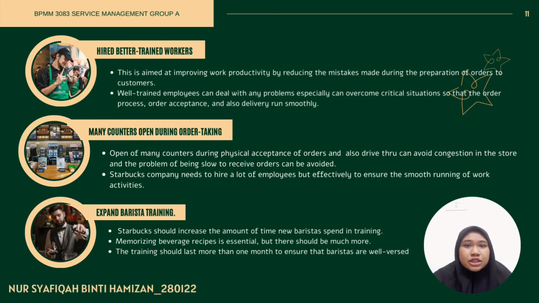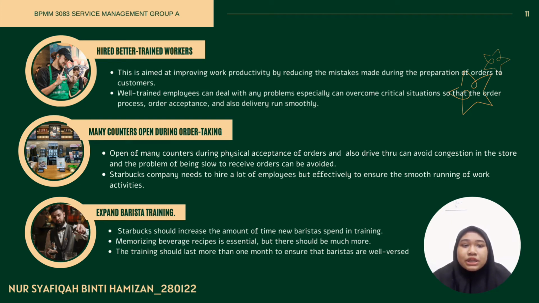The possible solution that Starbucks has to do to settle the problem of wrong orders is to hire more better trained workers. This is aimed at improving work productivity by reducing the mistakes made during the preparation of orders for the customer.